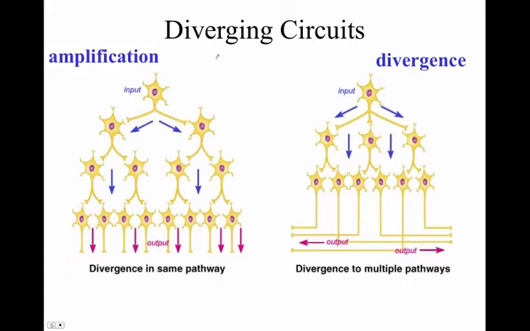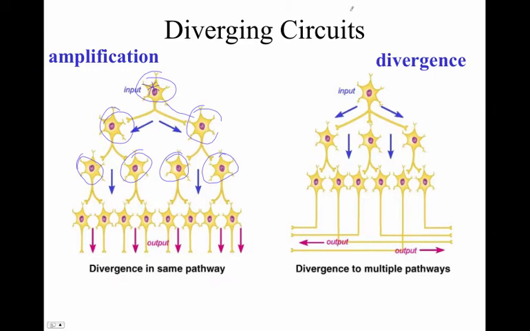If we have diverging circuits, we have this idea where we could have amplification as a diverging circuit, where we have this start-off input that then recruits more and more neurons to amplify that original message. And through that amplification, then we're going to have this output that is going to be divergence in the same pathway, amplifying it.